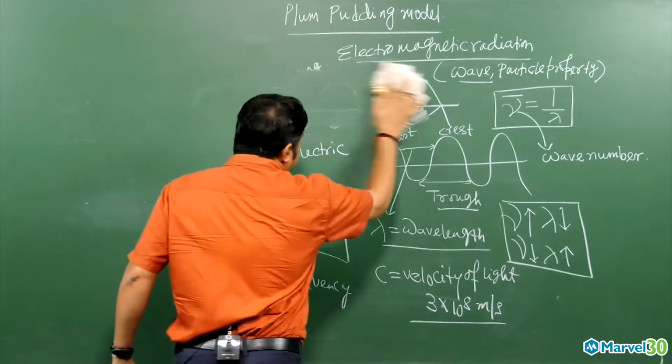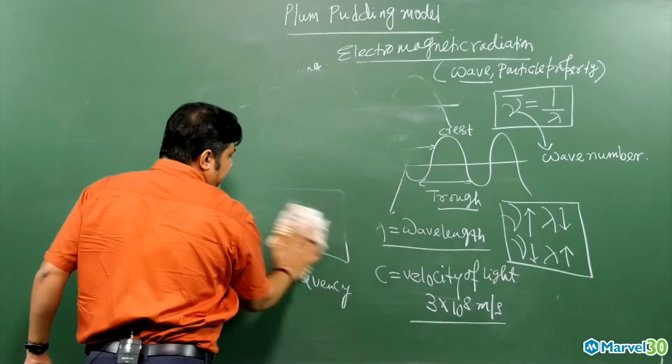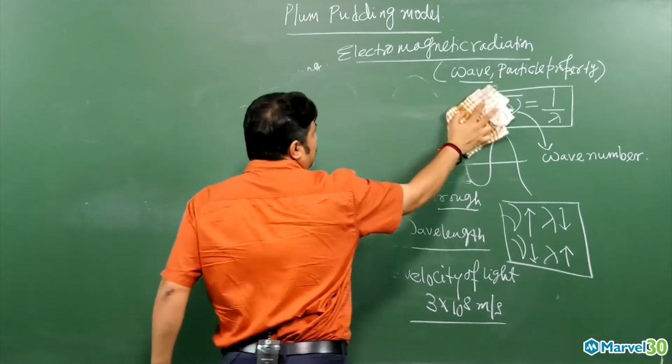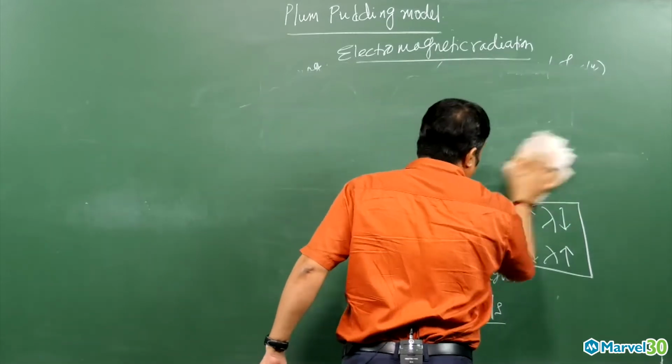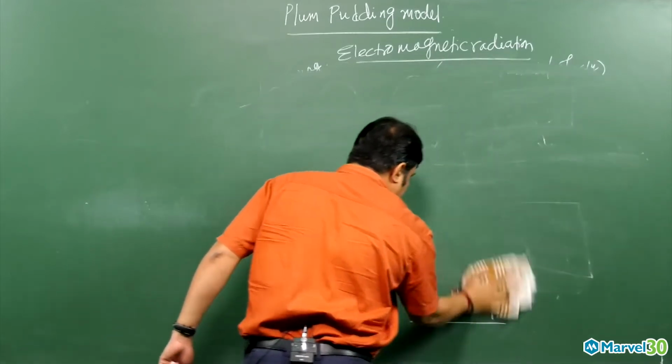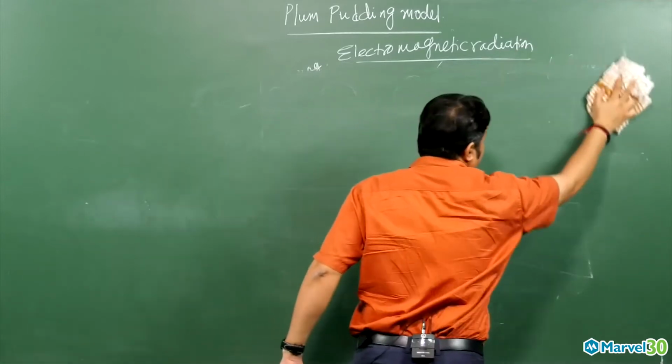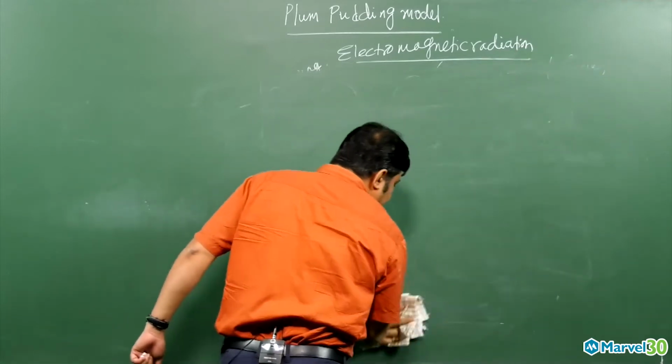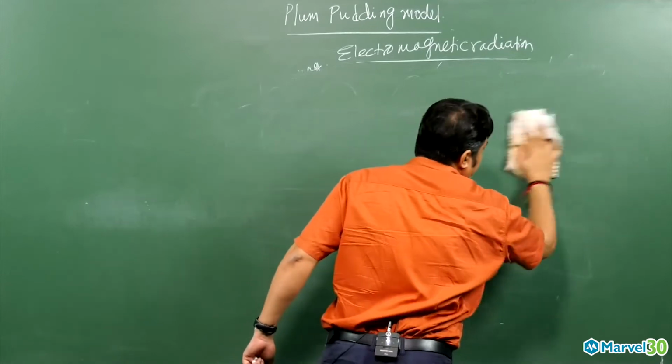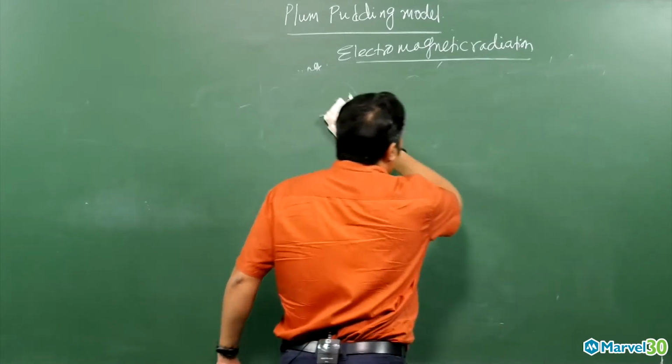In this electromagnetic spectrum, you just need to remember these things: cosmic ray, gamma ray, X-ray, UV, visible region, then IR, microwave, and radio wave.